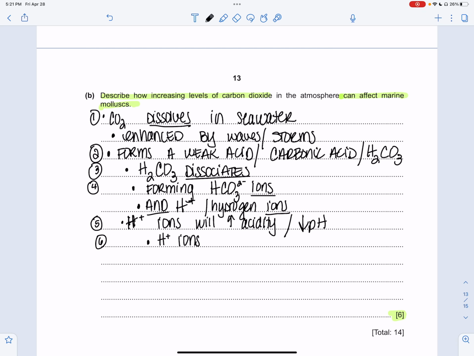Your hydrogen ions will combine with carbonate, CO3, and then 2 minus, I believe, or you can call it carbonate. That's in the water.